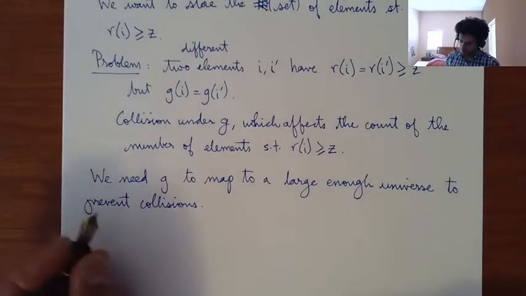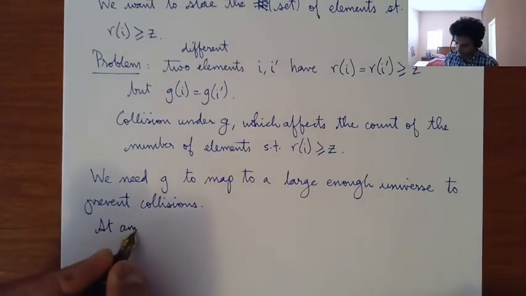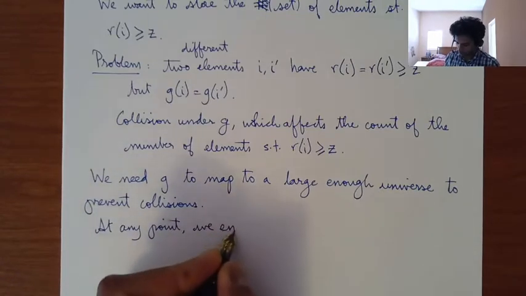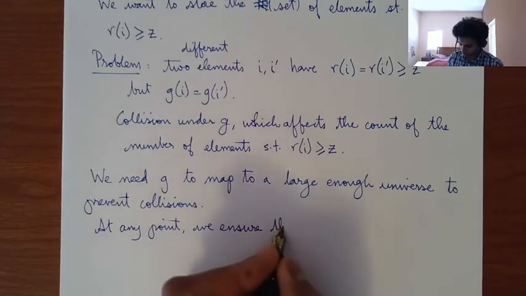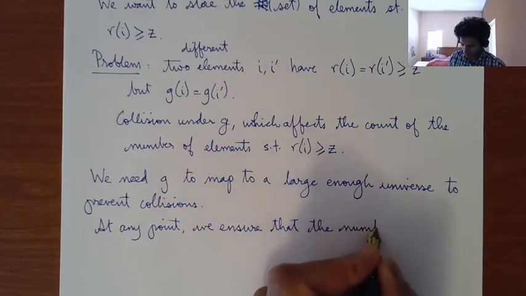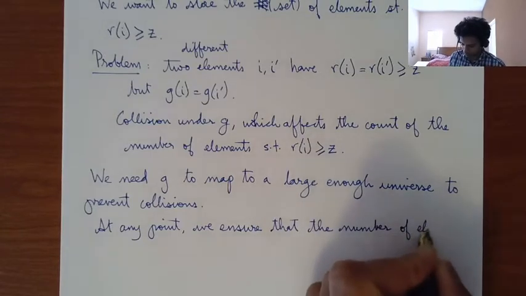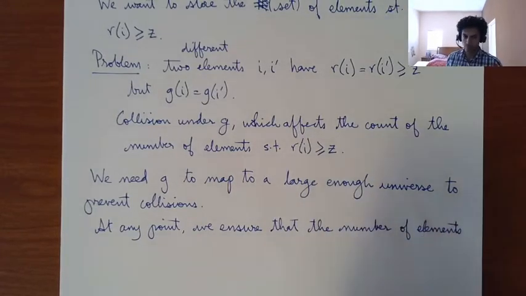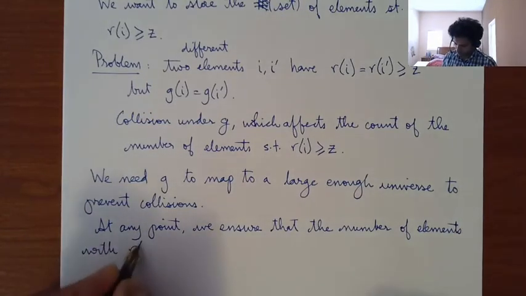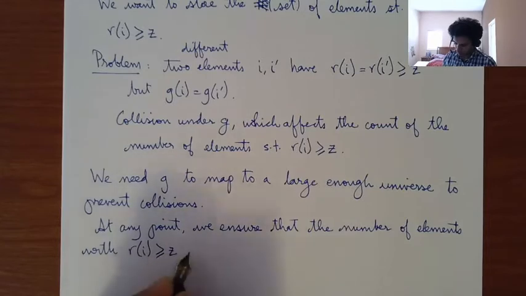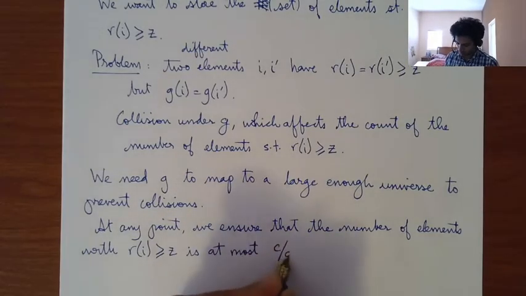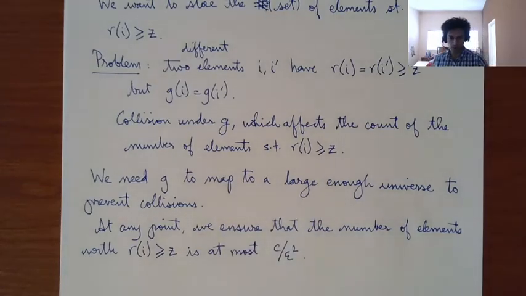Now, at any point, we ensure that the number of elements with R of I greater than Z is at most C over epsilon square.